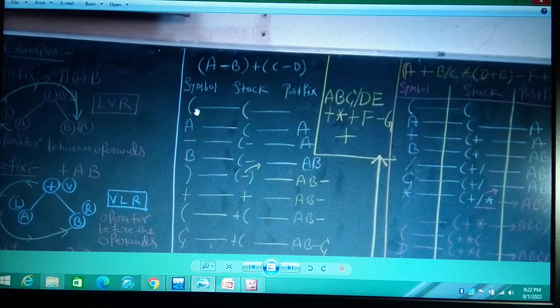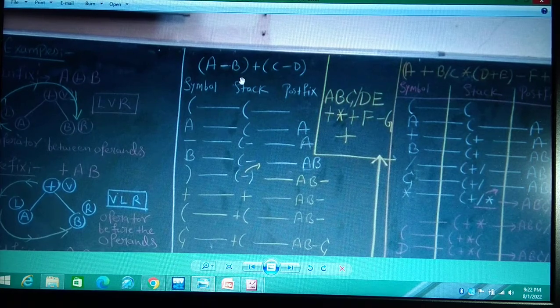Now the parenthesis will come here in the stack, and all the operands will come here. First this comes here, then A, then minus will come here, then B. B will come here, operand.